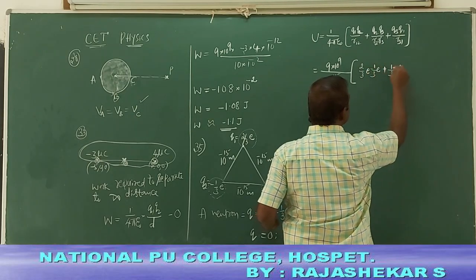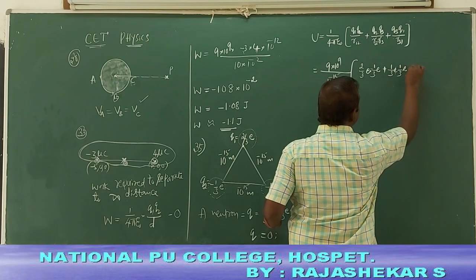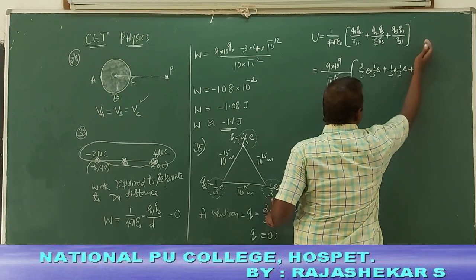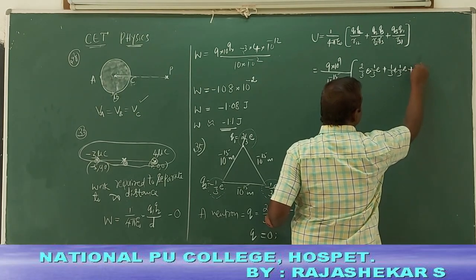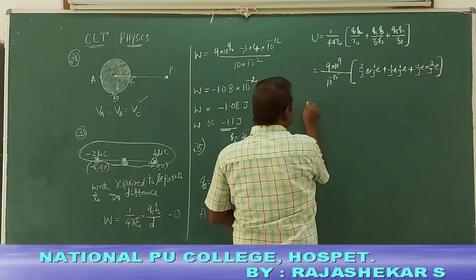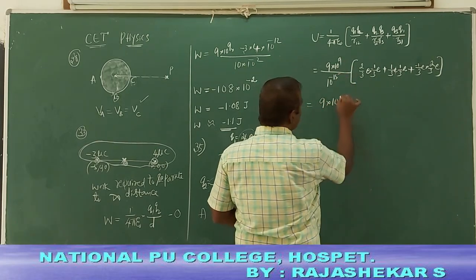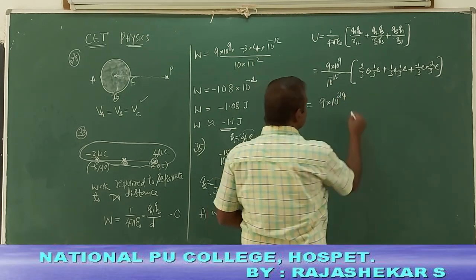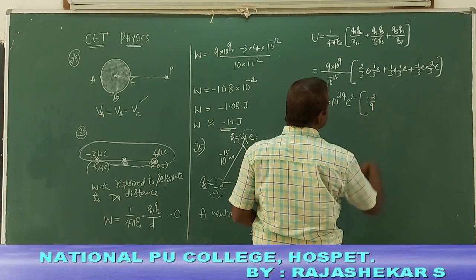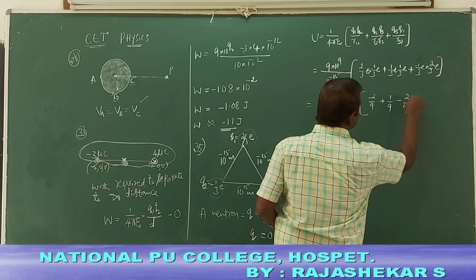Here is e into e plus this is again 2 by 1 by 3 with the minus sign e into 2 by 3e. This on simplification, 9 into 10 to the power 9 plus 15 24. E square is common, minus 2 by 9 plus 1 by 9 minus 2 by 9.